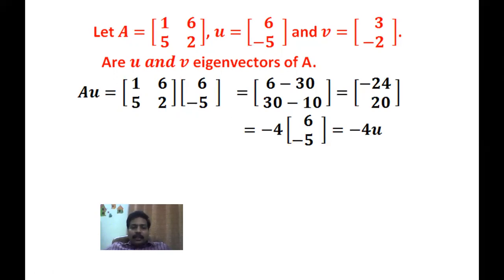Here lambda, the eigenvalue, is minus 4. So the non-zero vector in that equation is an eigenvector. Here U is non-zero, so it is an eigenvector of the matrix A.